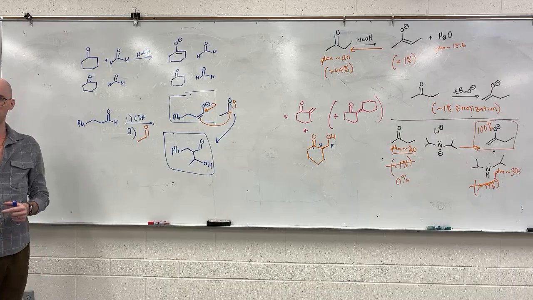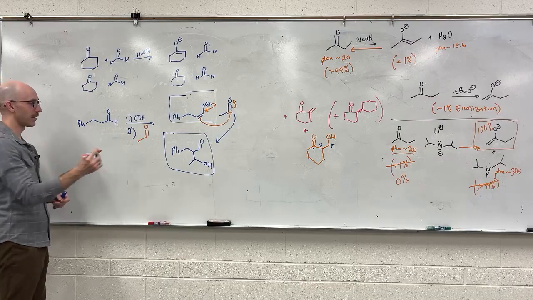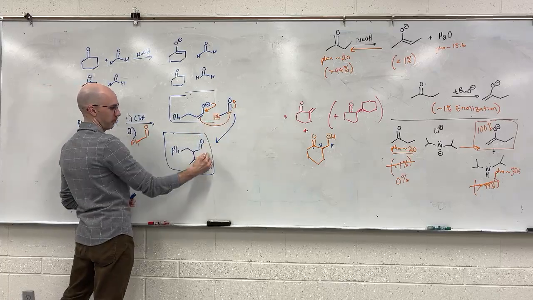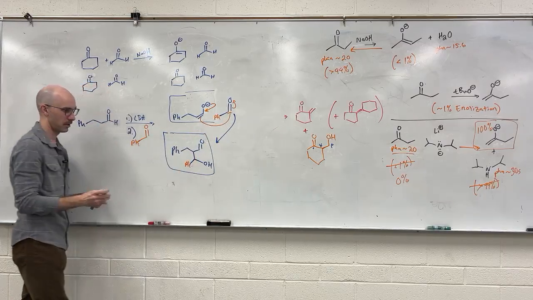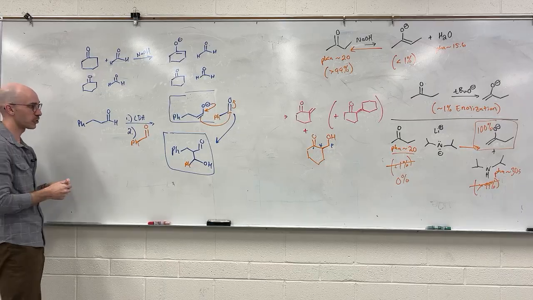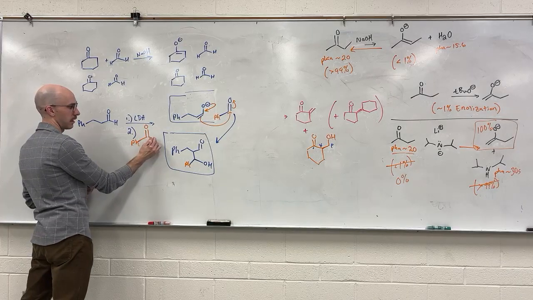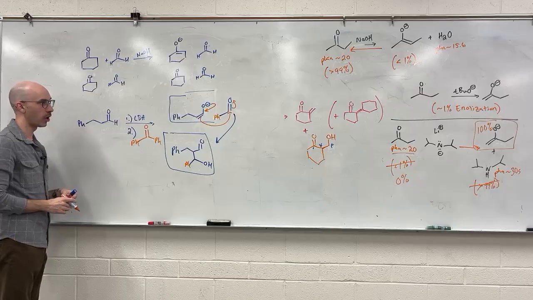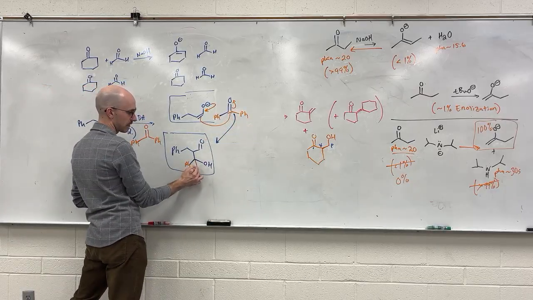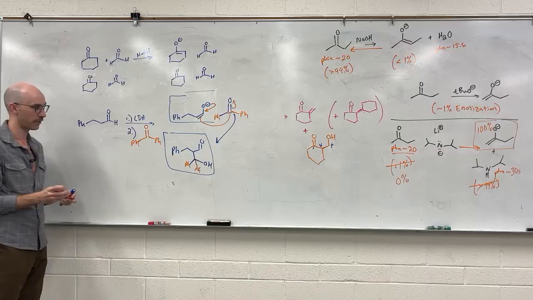Oh, I did it backwards. That's funny. If you chose benzaldehyde, you don't have a methyl group. You just have a benzene. If you chose benzophenone, then you've just got a second benzene coming off of that position.